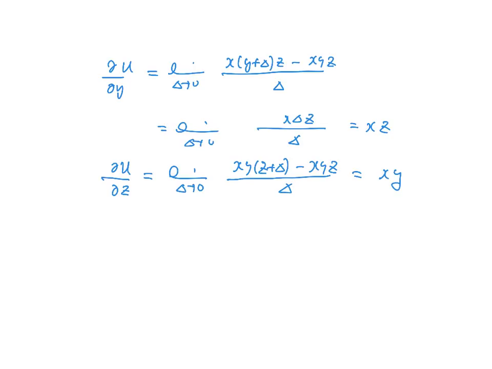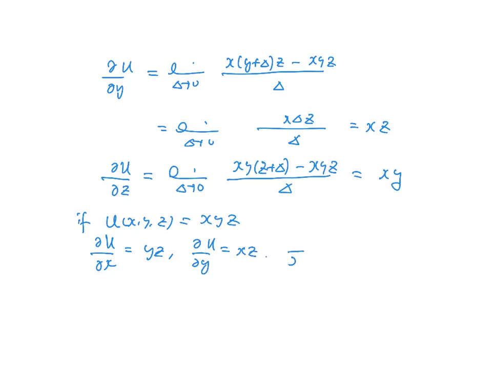So summary, if u is xyz, then partial u over partial x is yz, partial u over partial y is xz, partial u over partial z is xy.